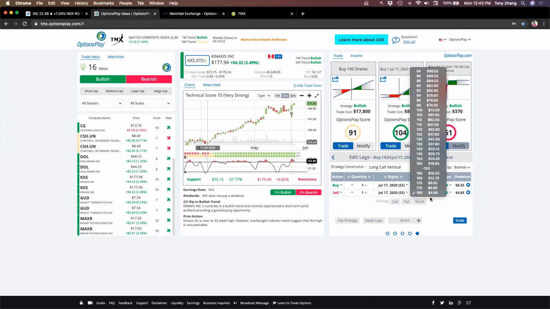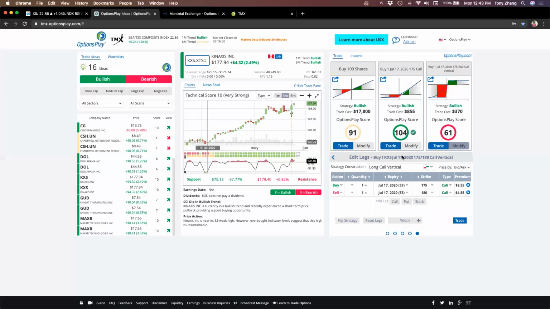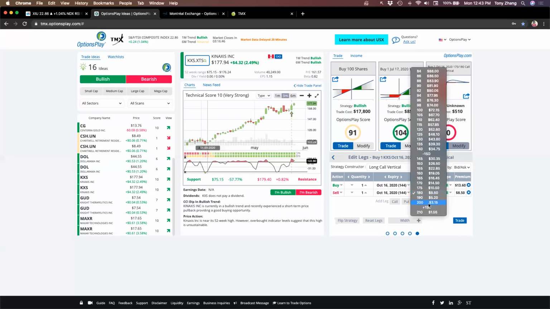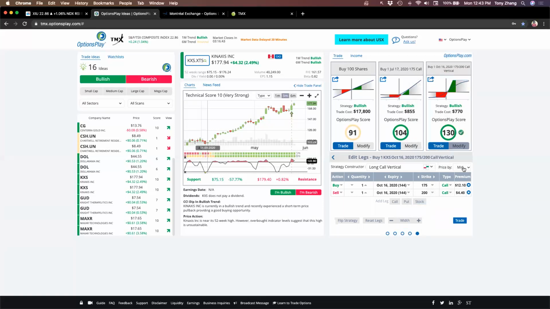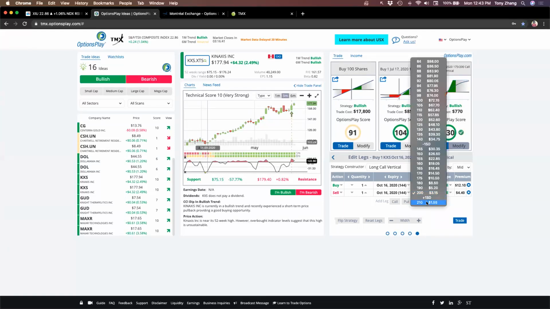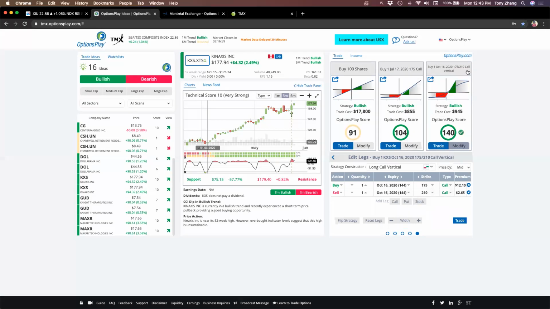Now it seems they only list strike prices up to 180, so you're limited here on using the July options. If you go out to October, you could buy a call spread, something like a 175 to 210 call spread for 945. Again, I know nothing about this stock, so it's hard for me to comment, but you do have a really nice breakout to the upside today.